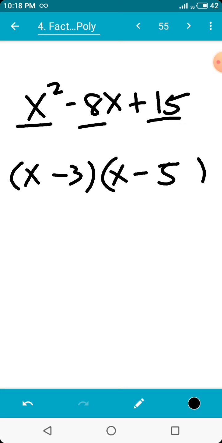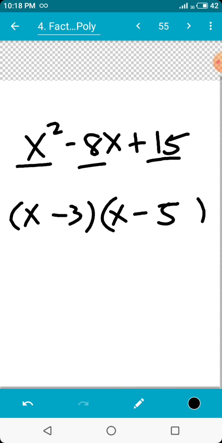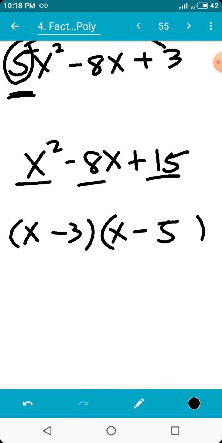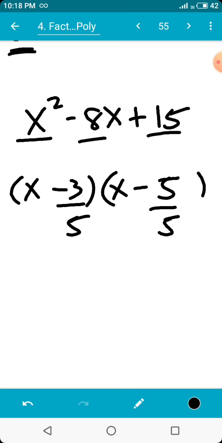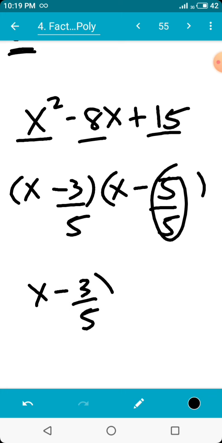Okay? So, yung next step naman is yung coefficient natin dito na 5, ilalagay natin as denominator nila. Okay? Tapos, kukunin natin yung lowest term. So, kung wala tayong makuha lowest term, okay lang. Okay? So, ngayon, ang malo-lowest term lang is yung 5 over 5. So, it could be x minus 3 over 5.